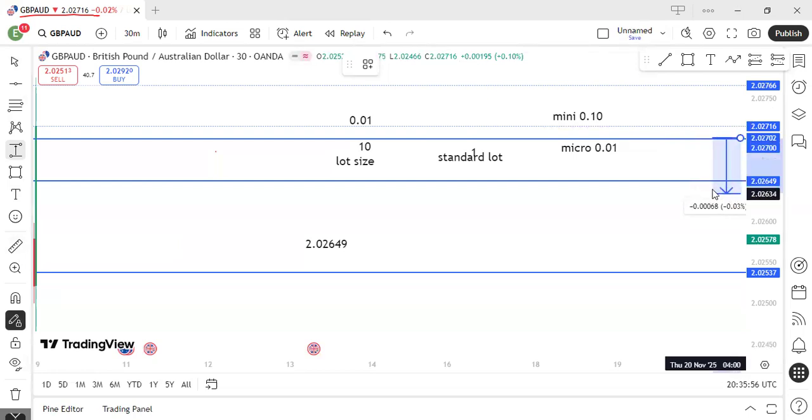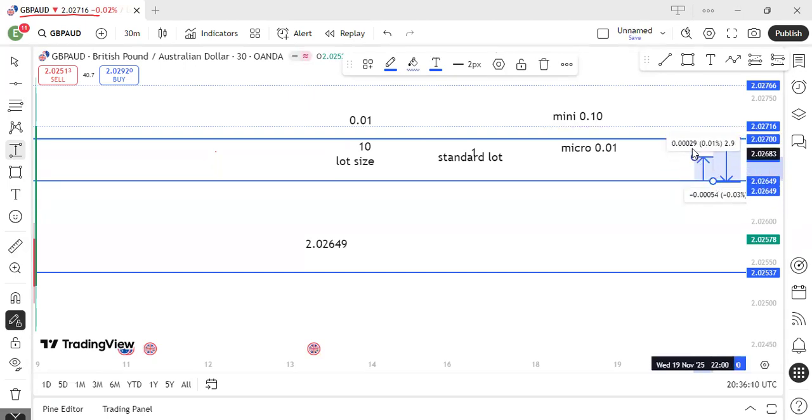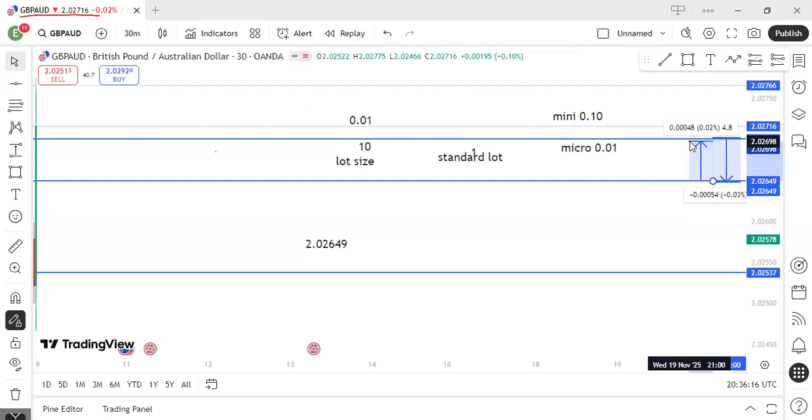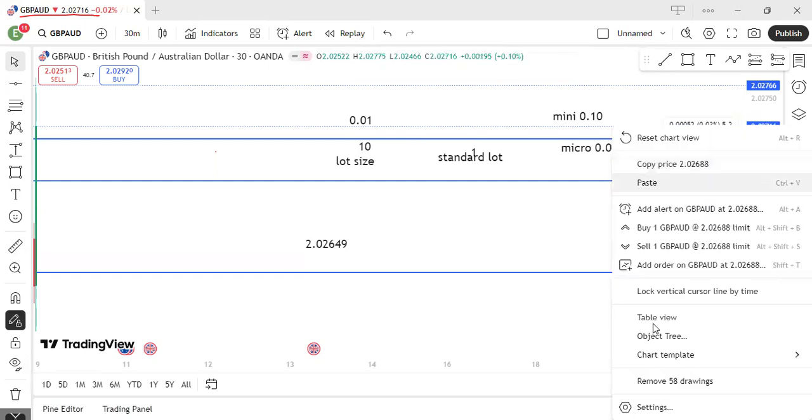Can you see it? Now, what are you seeing there? You are seeing 54 is 5, so forget about the last number. The reason you are seeing minus is because the market drops. You understand what I mean? So if I put it like this, can you see? Now you are seeing plus here. Let me delete this one.